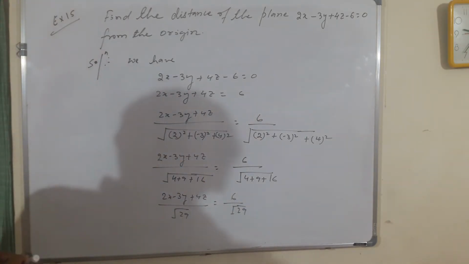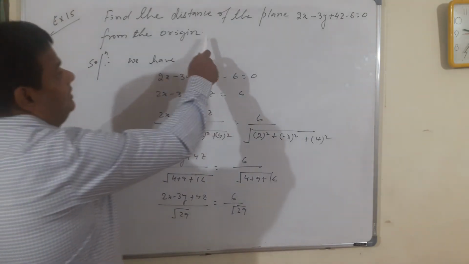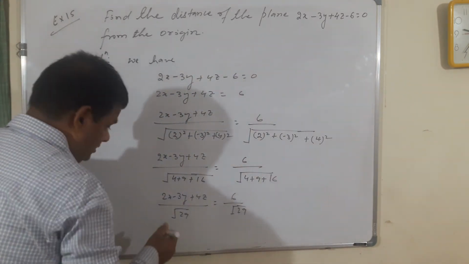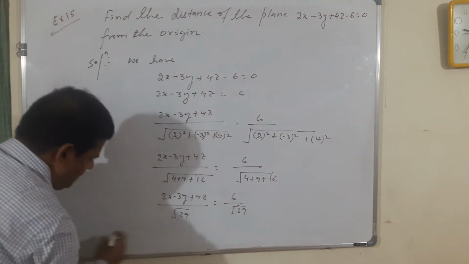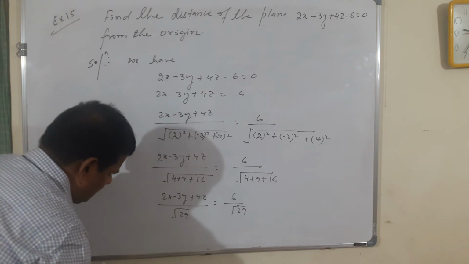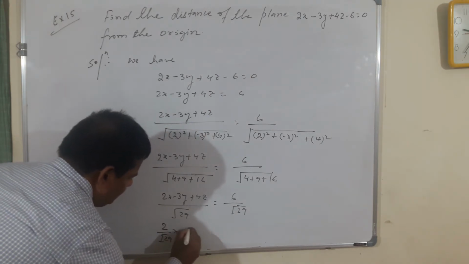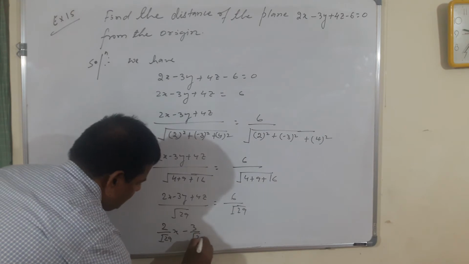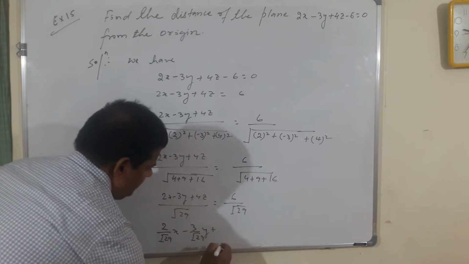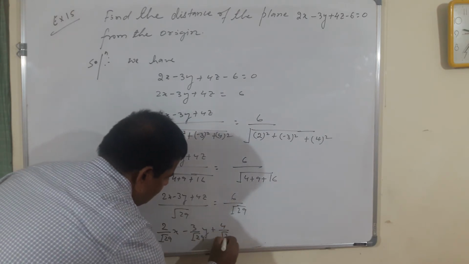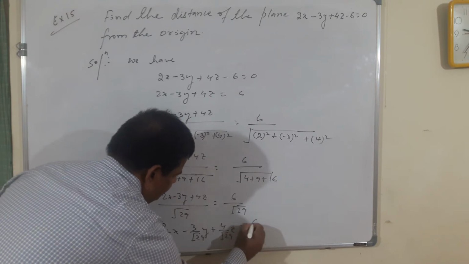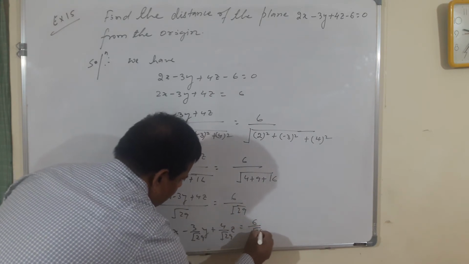So find the distance of the plane. Here it is 2 by root 29 x minus 3 by root 29 y plus 4 by root 29 z is equal to 6 by root 29.